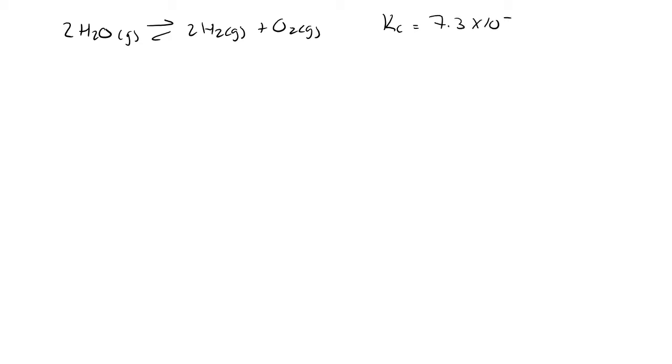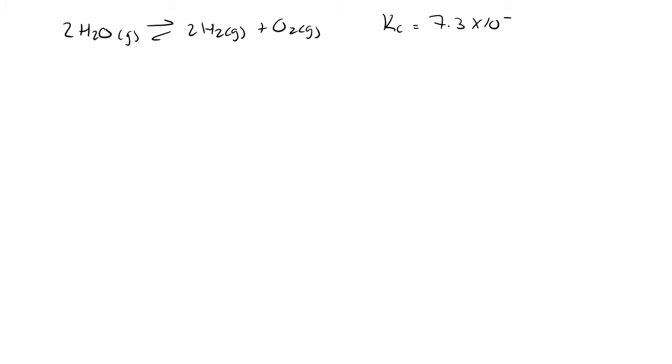So what that looks like. If we have a reaction, 2 H2O decomposes into 2 H2 plus O2. It has a Kc value of 7.3 times 10 to the negative 18.